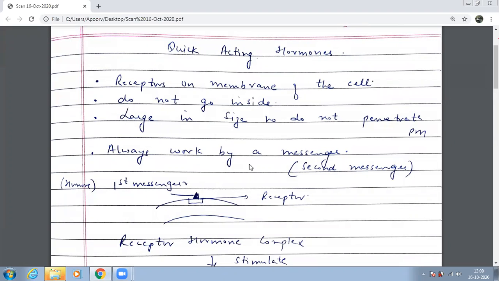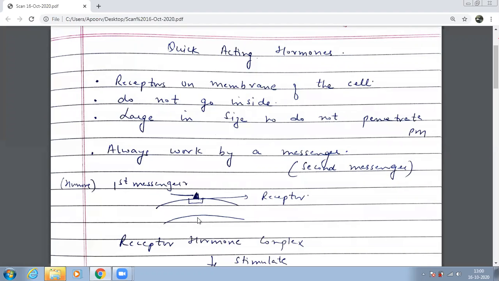And they always work with the help of a second messenger. Which was the second messenger I told you just now? Cyclic AMP, cyclic adenine monophosphate. Very good. What is this outer surface? Membrane.